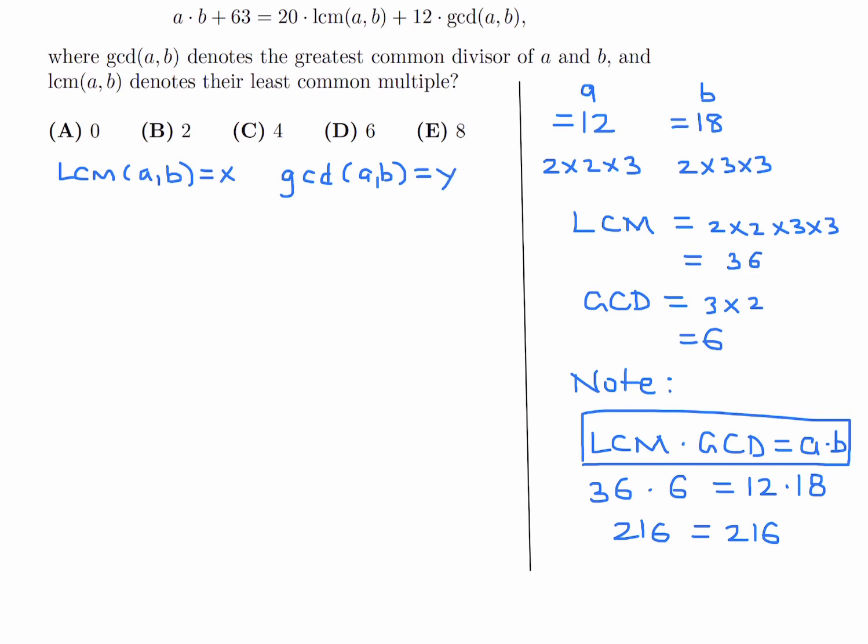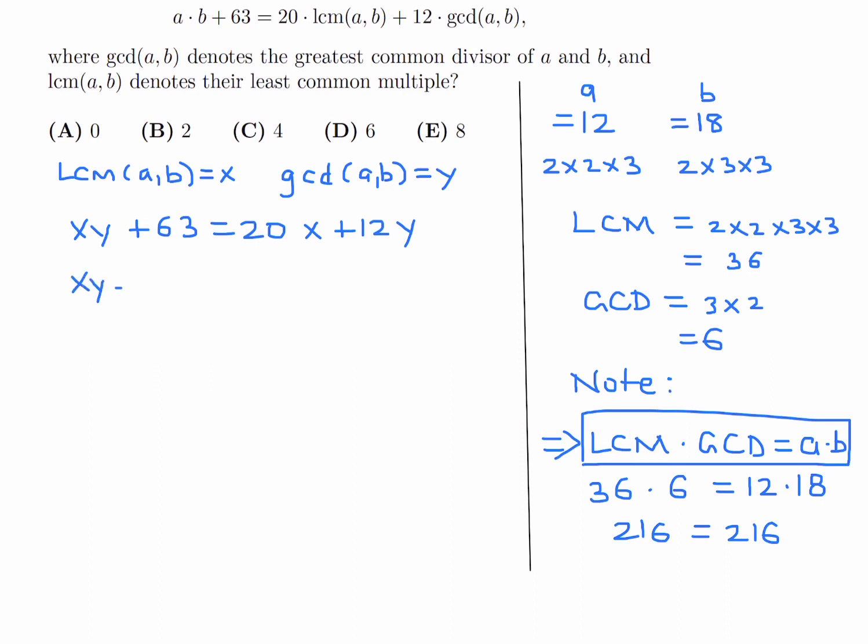When you do that, and you also use that property, ab becomes just xy, plus 63 equals 20 times x plus 12 times y. So I've taken this equation and substituted these properties. Now this equation is something we have to work with.